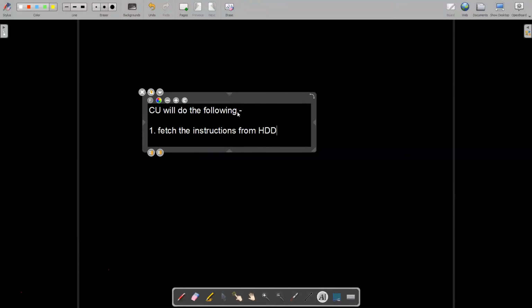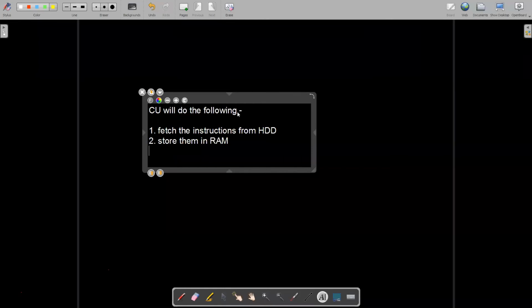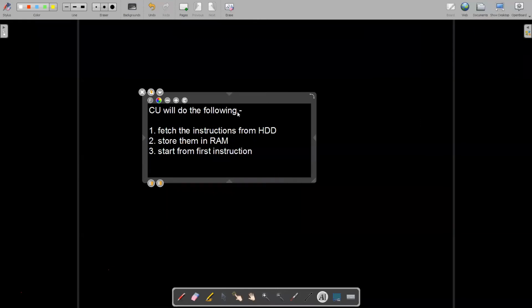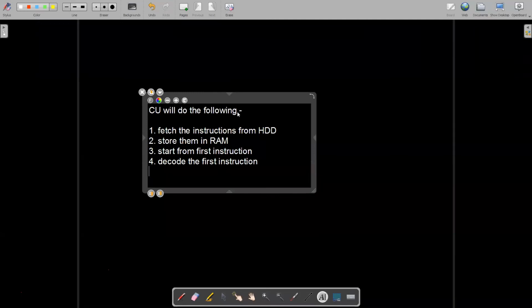From the hard disk, right? Store them in RAM, that is in your primary memory. Start from the first instruction. It will pick up the first instruction. It will decode the first instruction. What is decode? Whatever is written, it will find the meaning of the first instruction.